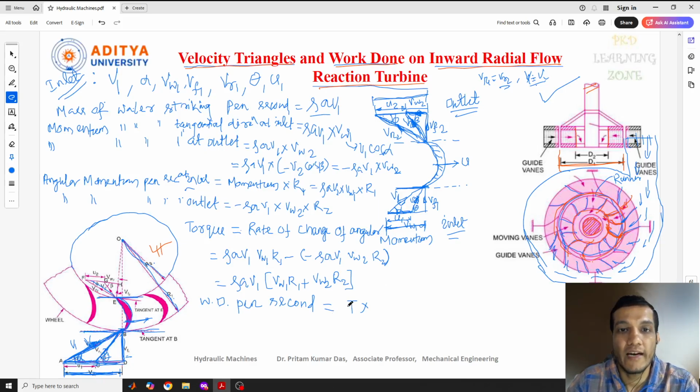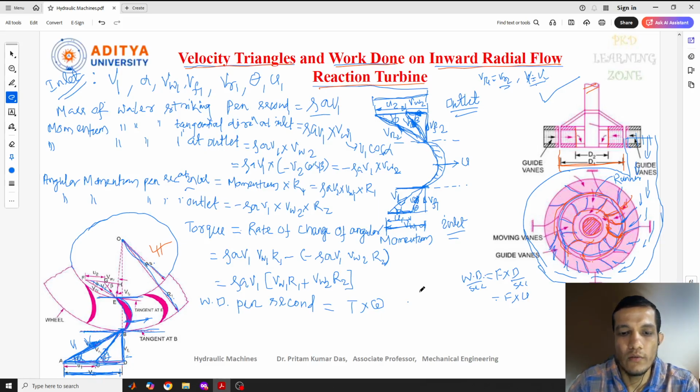If it is work done per second, then it is distance per second, that is velocity, so we used to write force into velocity. But here, work done per second is torque into angular velocity. Angular velocity is omega, and we know that omega equals u/R1.